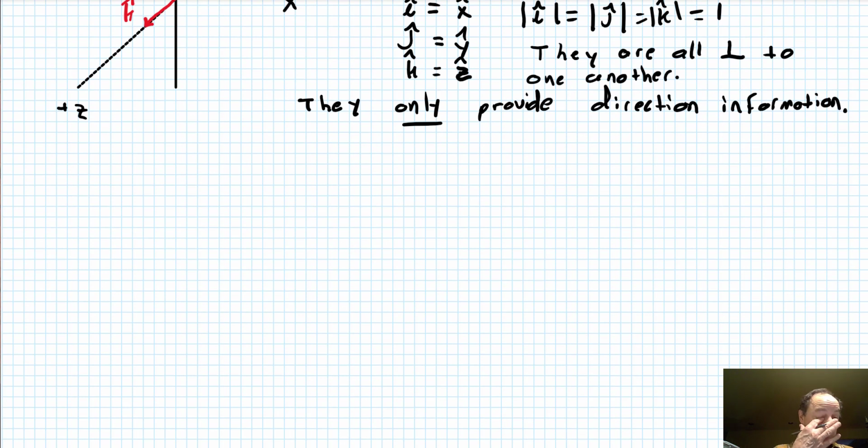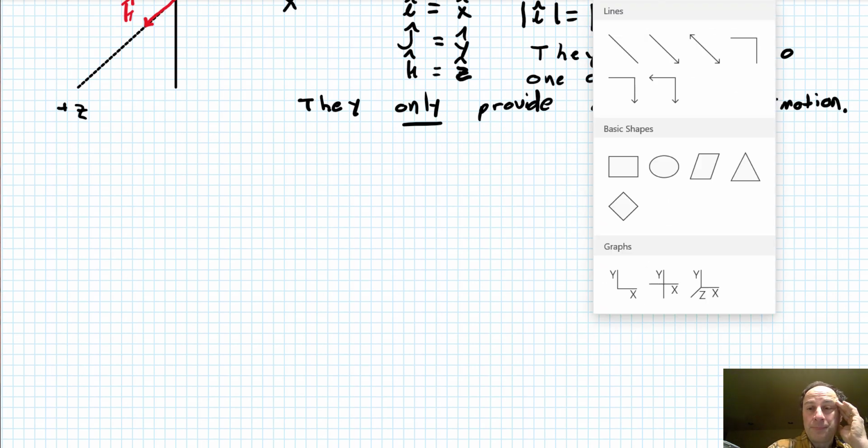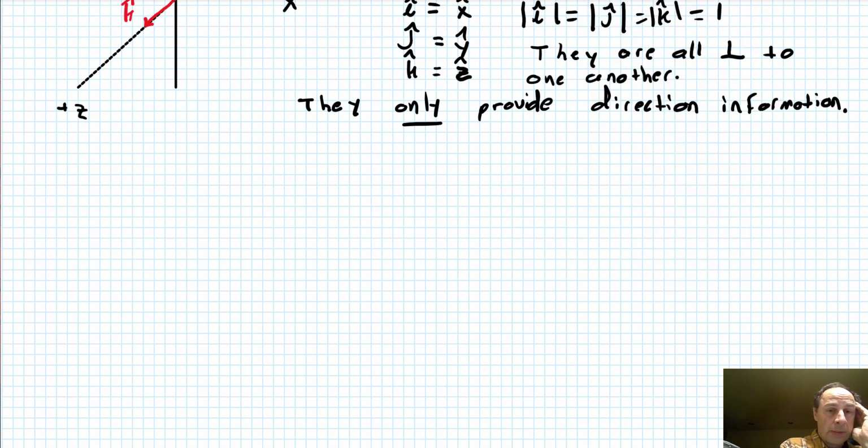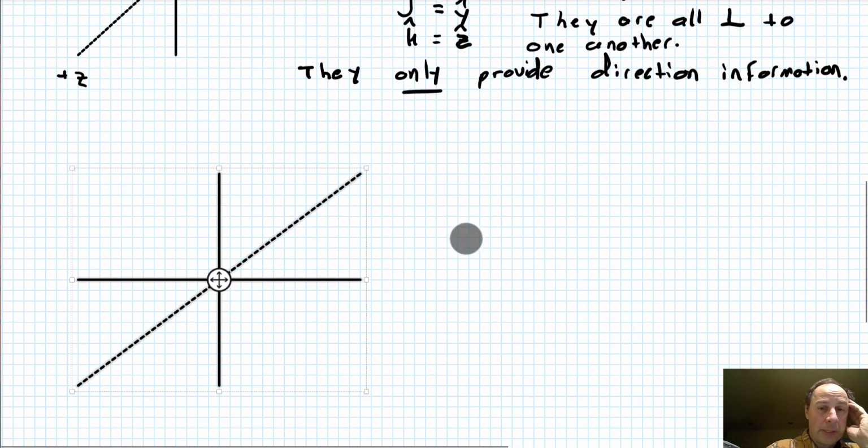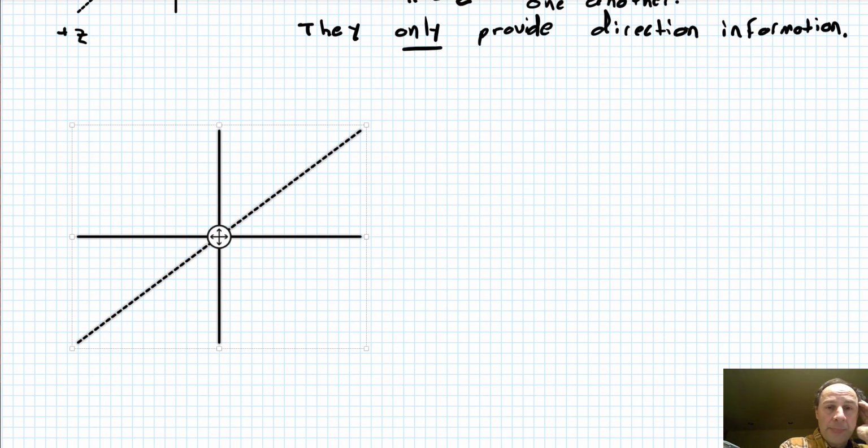All right, so let's generalize how we would write this. So we're going to get our coordinate system here again. I'm going to call this x in this direction, y going up, z coming out at us.